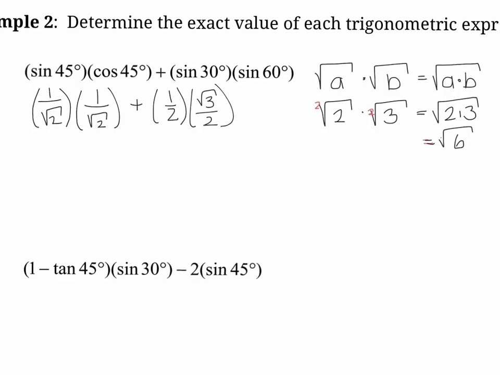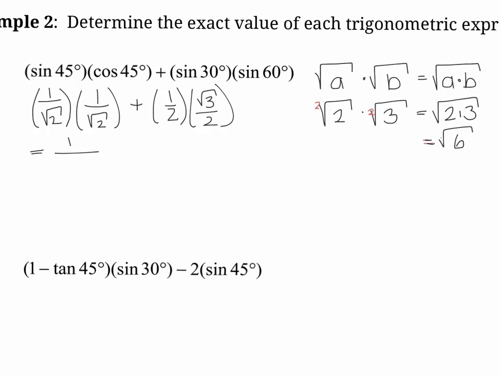So we do have an exact value, but we have to simplify it as much as possible. So we're going to do BEDMAS, we're going to do our multiplication first, and then we'll add if we need to. So if we were to multiply these two, what would this become? Well, we're going to multiply the top, so 1 times 1 would just make 1, over root 2 times root 2. Let's use this property here.